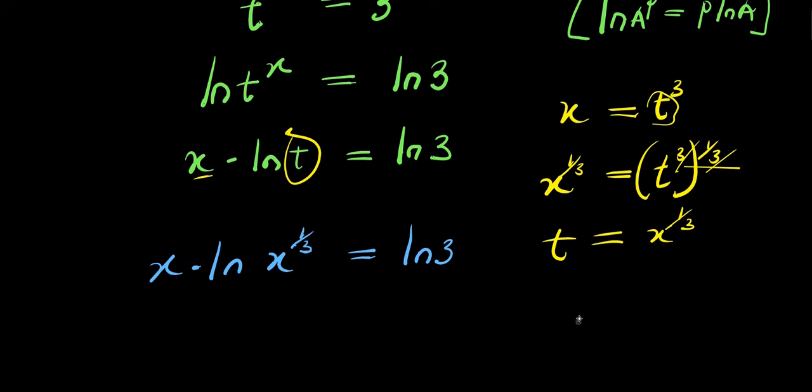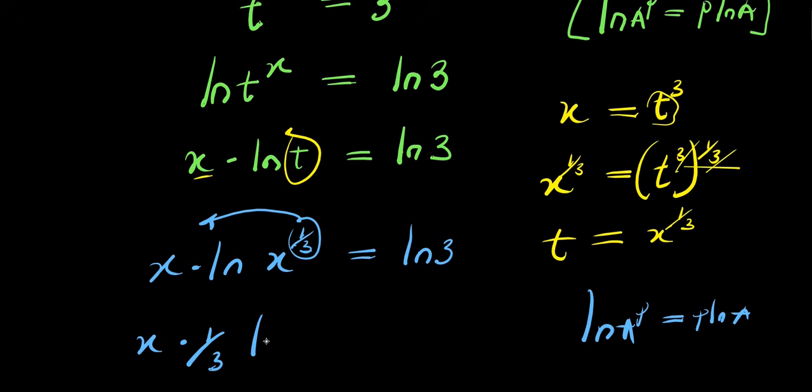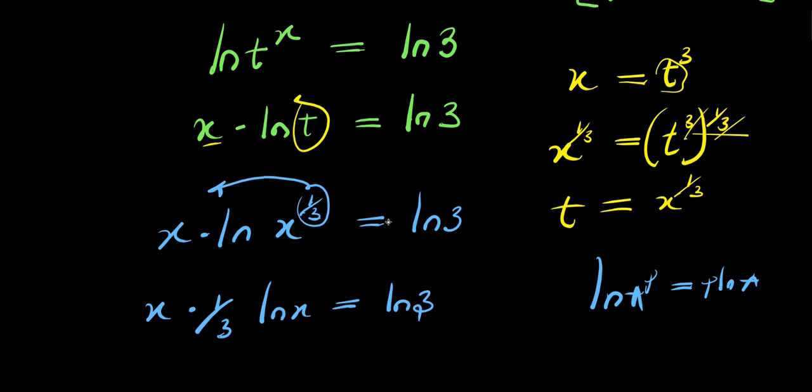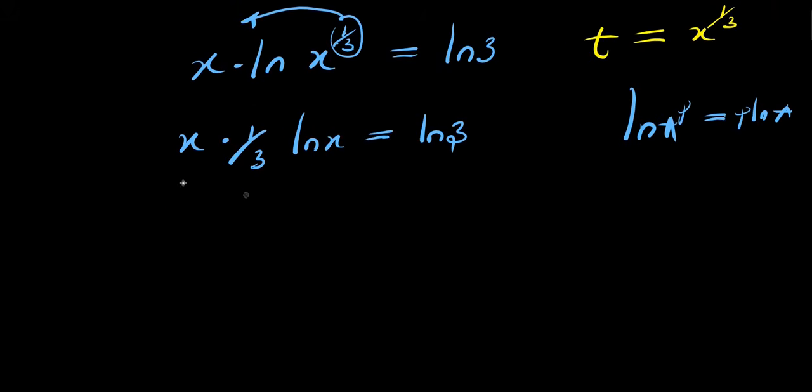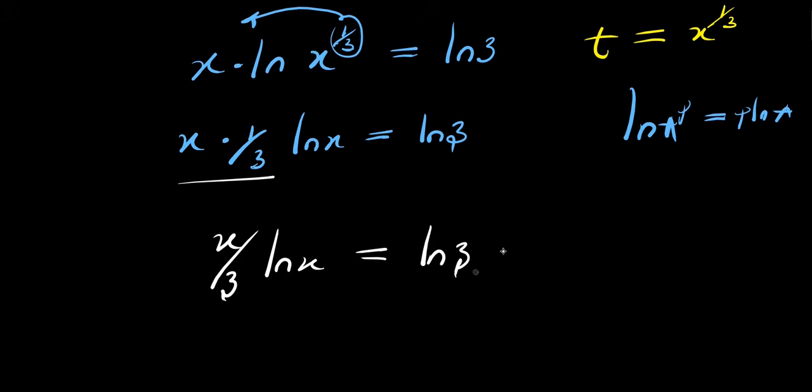And we go back to the same identity. Natural log of a power p equals p times natural log of a. So the 1 over 3 comes behind this, and I'm going to have x times 1 over 3 of natural log of x equals natural log of 3. So from here, multiplying this, I have x over 3 times natural log of x equals natural log of 3. I can multiply each part of this equation by 3.